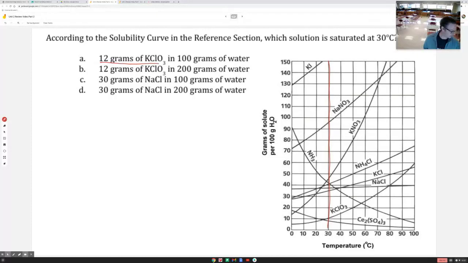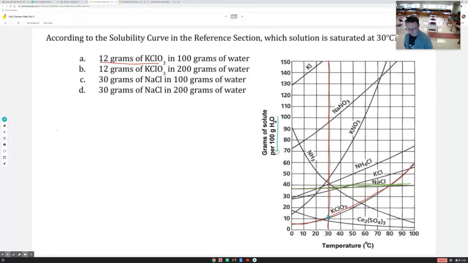KClO3 is this line, and the other one it talks about is NaCl, which is this line here. At 30 degrees, 12 grams of KClO3: if I follow the 30 degrees line up to the KClO3, it hits right above the 10. You could argue about where it is exactly, but it's pretty close to 12 grams.